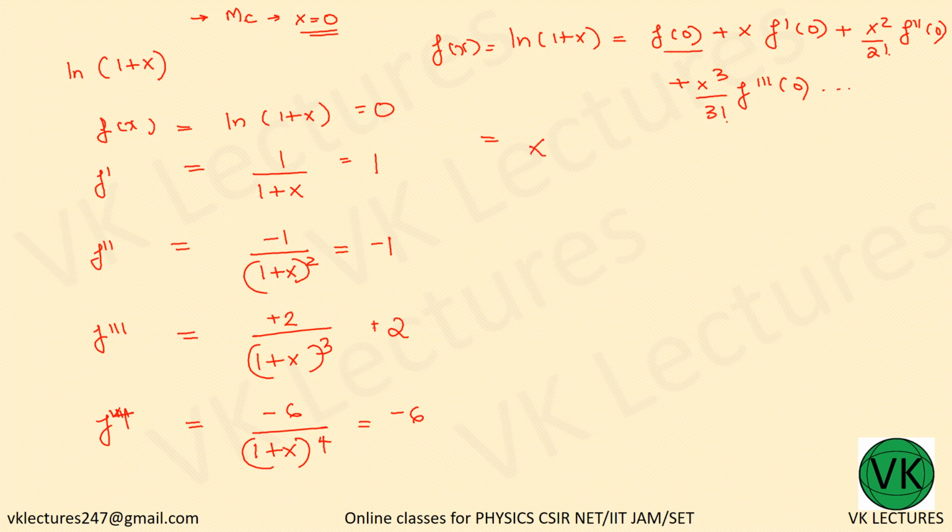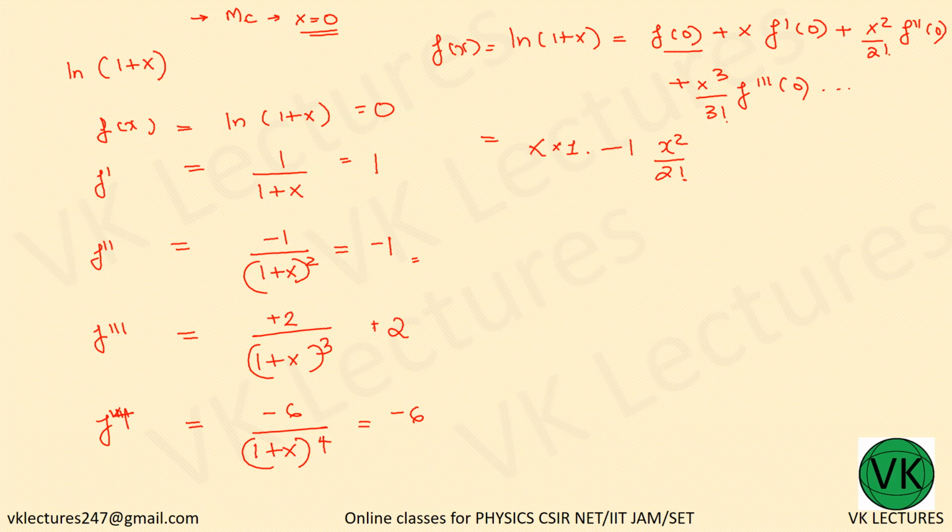Now f of 0, log of 1, is equal to 0, so need not consider. So x into f dash of 0, that's 1 into 1. Then the next term is minus 1 into x square divided by 2 factorial into f double dash of 0, that we already took into consideration.